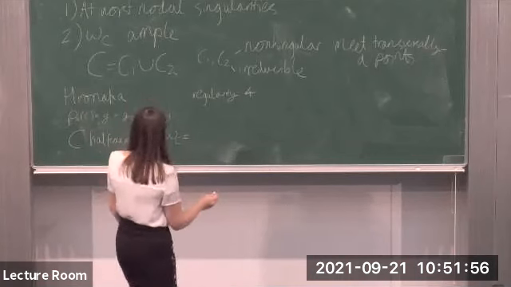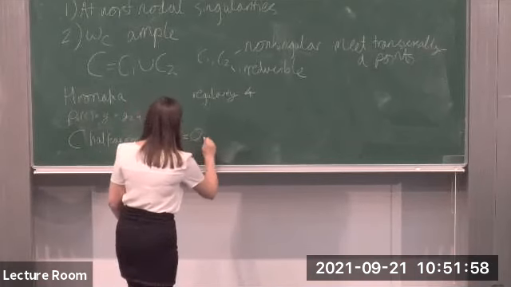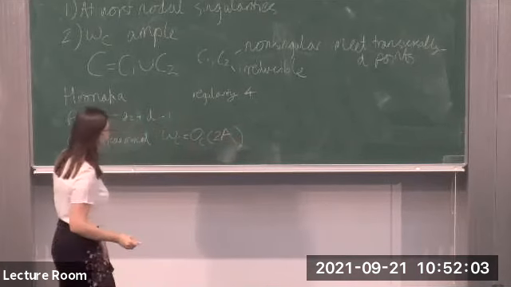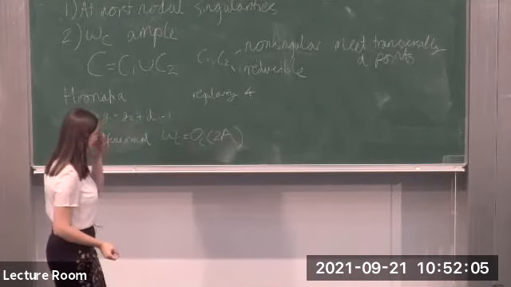And so our curve C is going to be half canonical, and so we have omega C equals O_C(2A), where A is the hyperplane class.